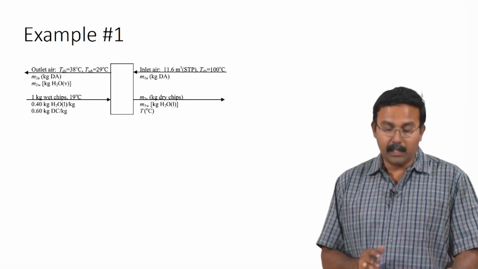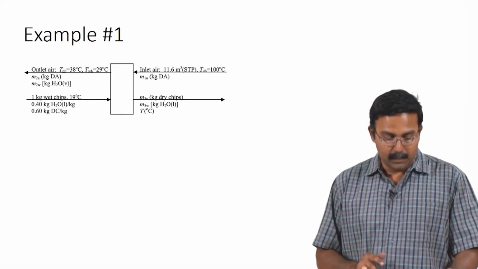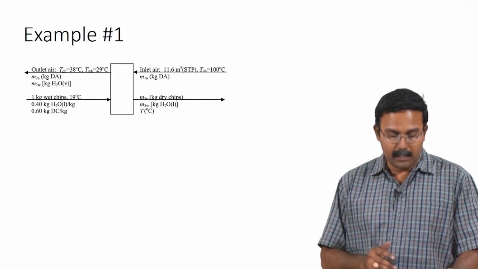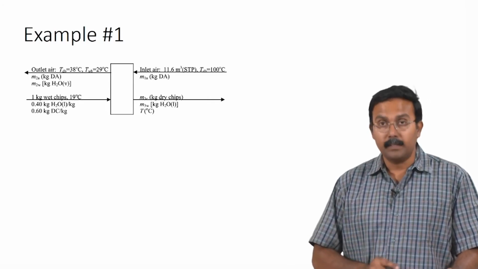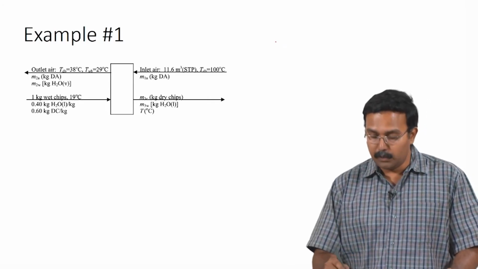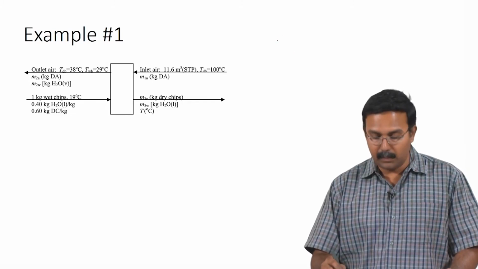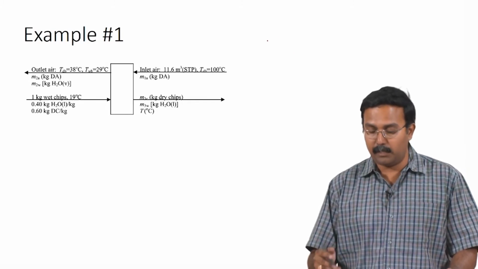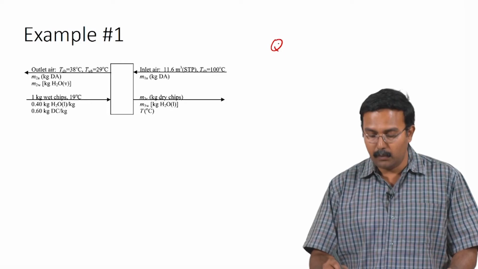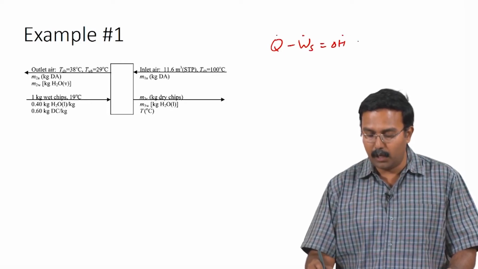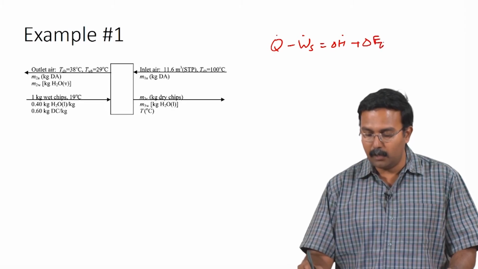Here all the required material balances have been done. So, we will start with identifying what the equation would be. This is an open system, which means the general energy balance equation would have enthalpy instead of internal energy. So, the equation would be Q dot minus Ws dot equals delta H dot plus delta Ek dot plus delta Ep dot.